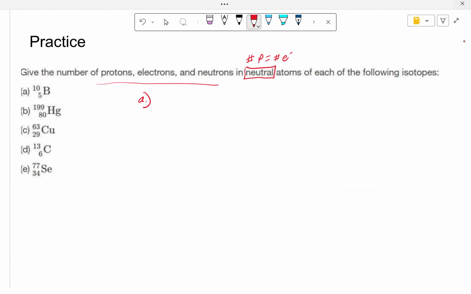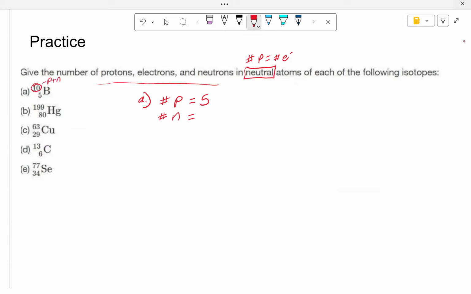Okay, how do I find the number of protons? I'm going to look at the periodic table and find the atomic number. So I find the symbol B, and the atomic number for boron is 5. Now, how do I get the number of neutrons? If I look at the chemical symbol, remember the upper left-hand corner is the mass number.